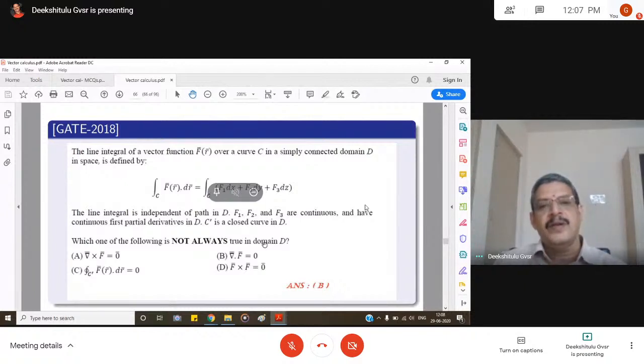The logic is based only on conservative fields and scalar point functions. The line integral is independent of path in D means F is conservative. So F1, F2 and F3 are continuous and have continuous first partial derivatives, then C dash is a closed curve in D. Which one of the following is not always true in D?